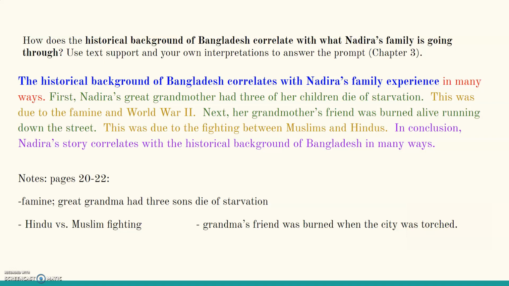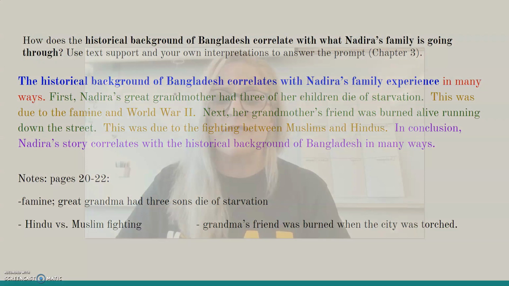But for those of us that are still working on RACER and trying to master it, in conclusion is a good safe bet. So we can say, in conclusion, Nadira's story correlates with the historical background of Bangladesh in many ways. Remember, our last sentence ties back to our first sentence. And this is the expectation for RACERing every single time.